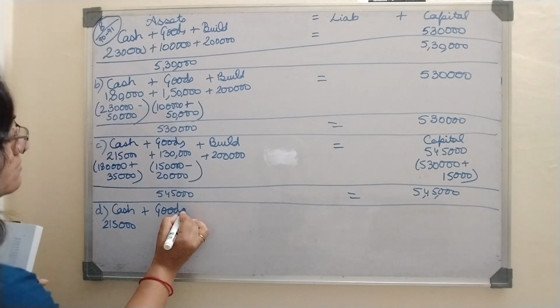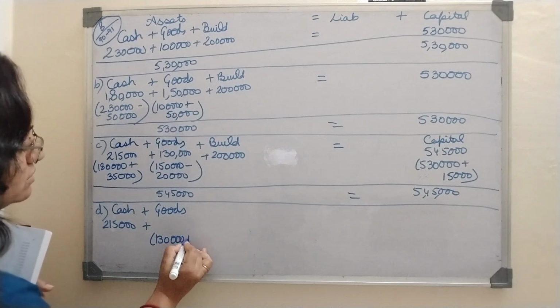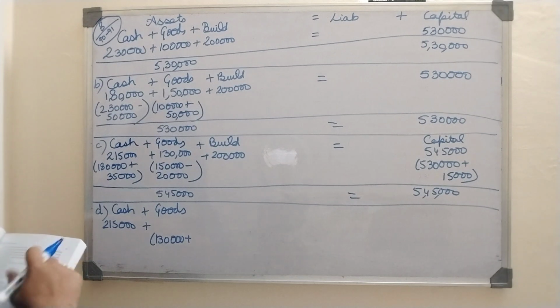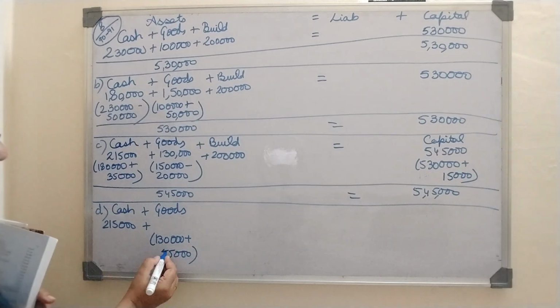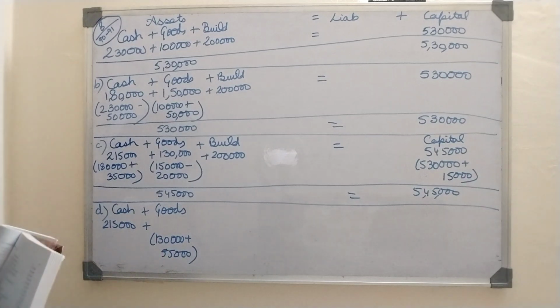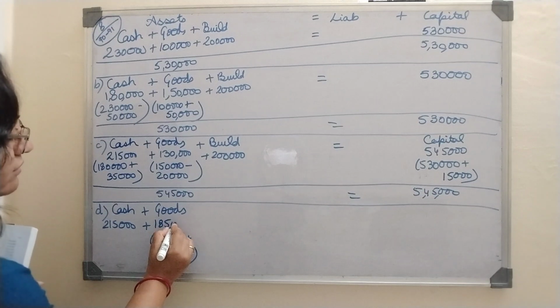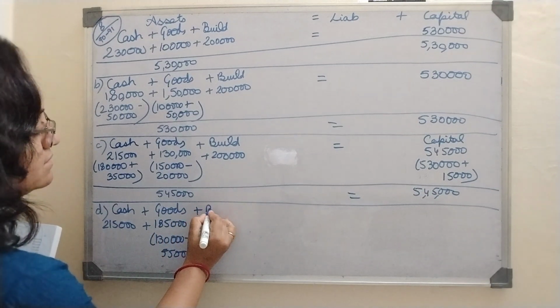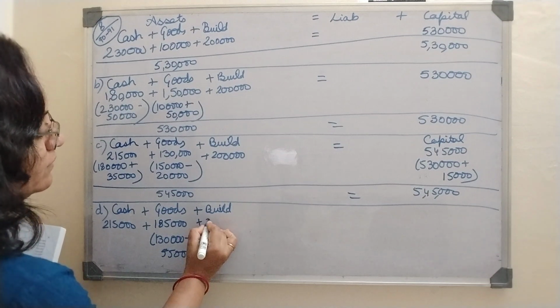Goods will be added: 1,30,000 plus 55,000 comes to 1,85,000, plus building 2 lakh.